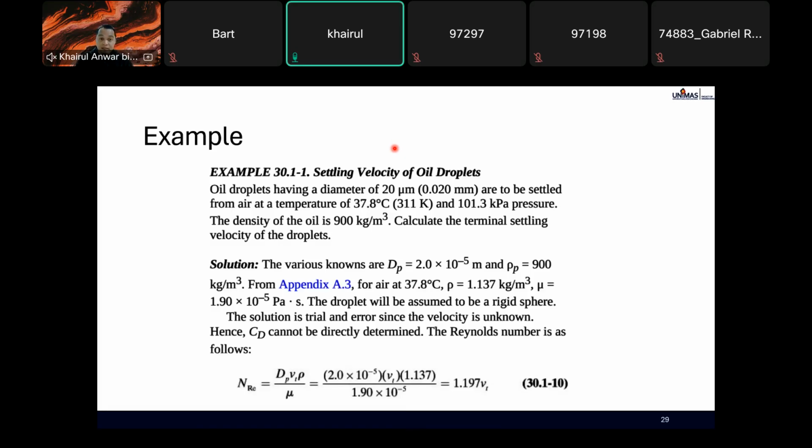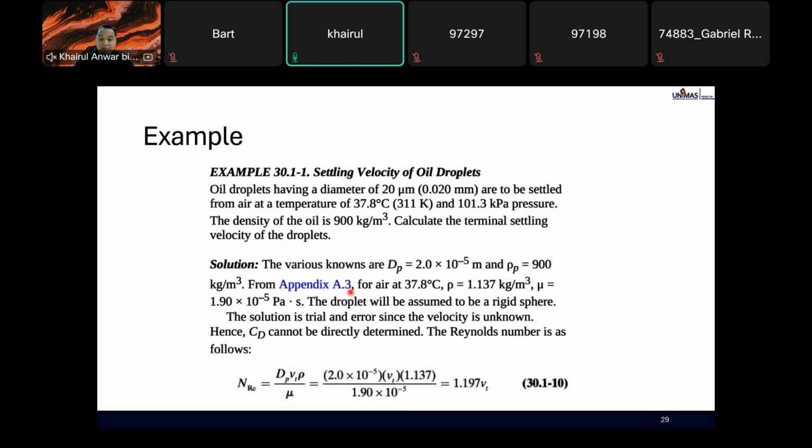Calculate the terminal settling velocity of the droplet. The known variables: dP equals 2 times 10 to the minus 5 meter, the diameter of the oil droplet, 20 micrometer, and rho P equals 900 kg per meter cube.